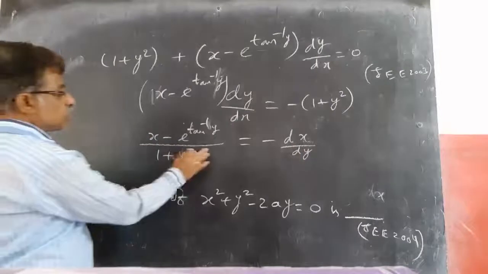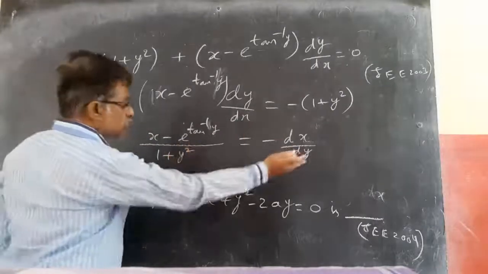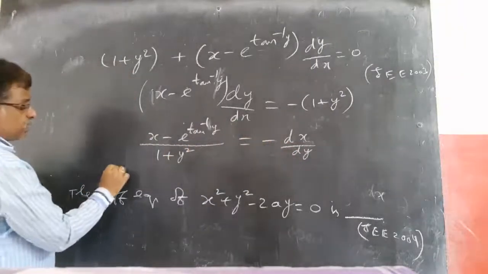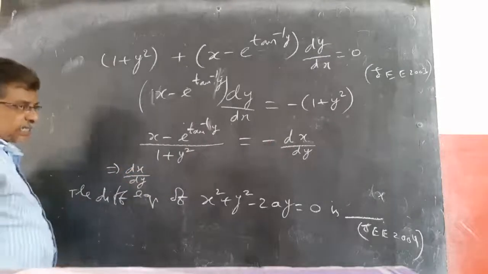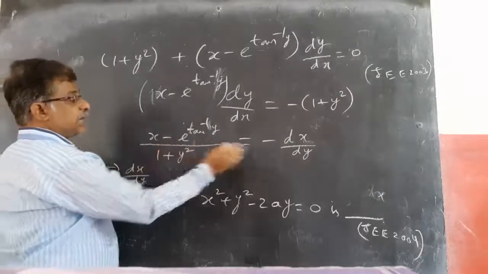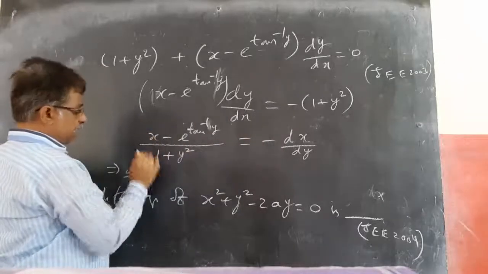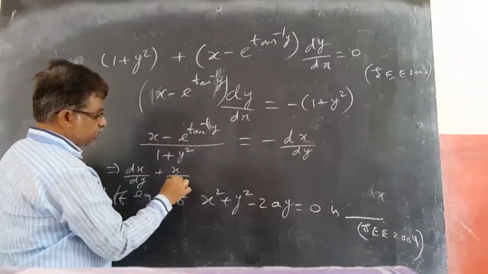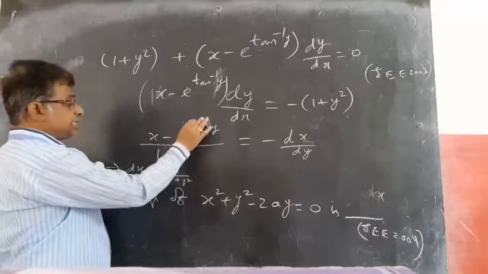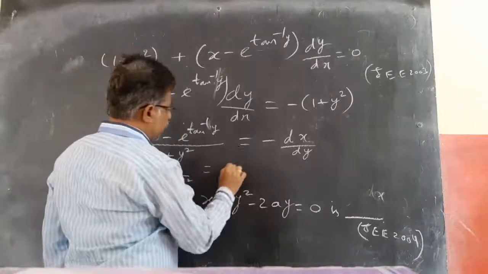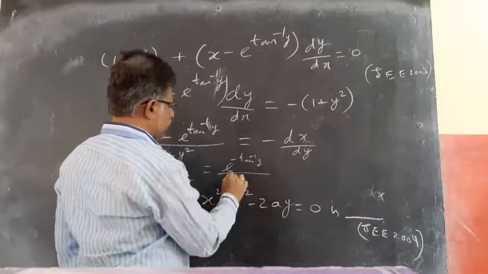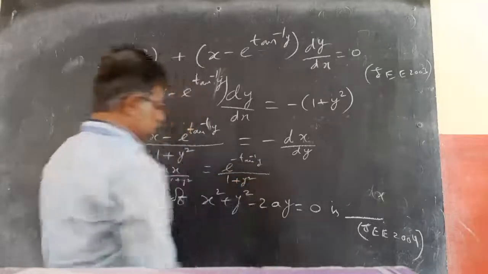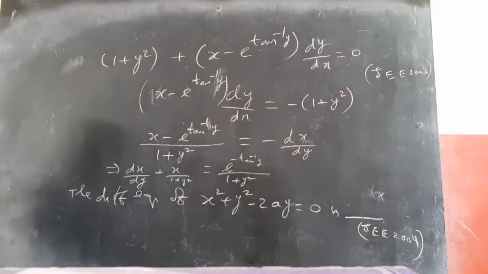If I split into two parts and bring this minus to that side and minus to this side, the equation becomes dx by dy plus x by (1 plus y square) equal to e power tan inverse y by (1 plus y square).